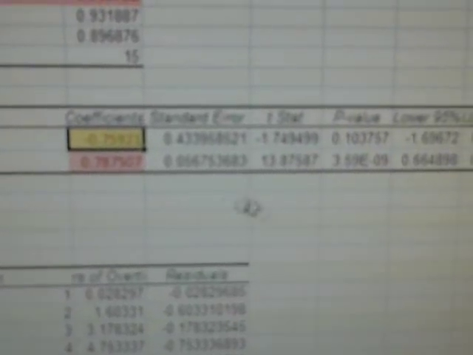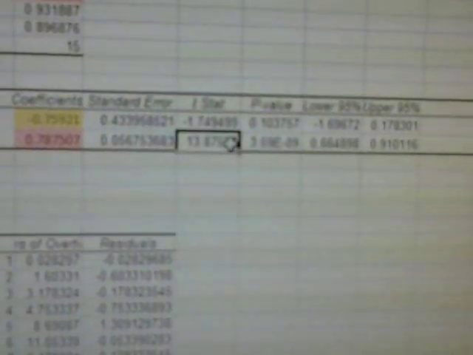Okay. If we look here, you see this intercept here? Remember, our intercept is basically where they meet here on the x line. When x is 0, where does y start? Okay, we're looking at our t-stat, and we're looking at our p-value.